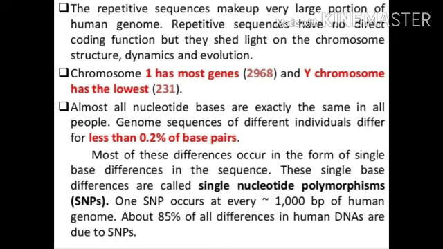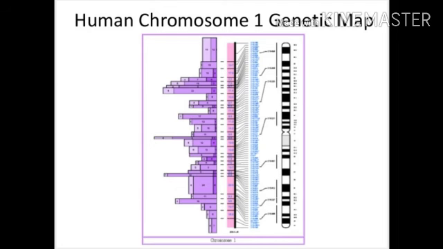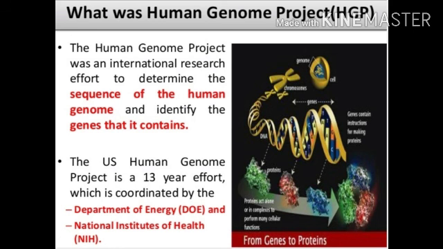One SNP occurs at approximately every 1000 base pairs of the human genome, and about 85% of all differences in human DNA are due to SNPs, that means single base pair differences. That is human chromosome 1, the genetic map of the first chromosome.